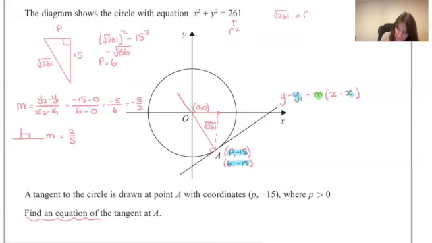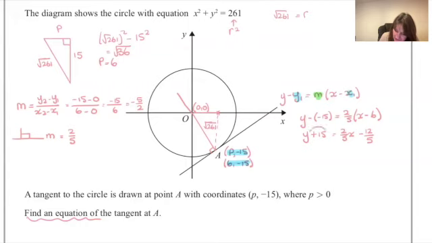And that gives me the gradient that I now need to plug in to my formula. Okay. So I can now write y minus minus 15 for the y coordinate equals 2 over 5 times (x minus 6). So that's y plus 15 equals, expand this bracket out, 2 times negative 6 would be negative 12 over 5.